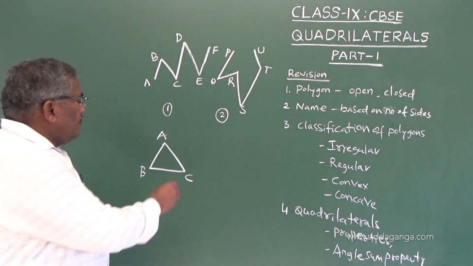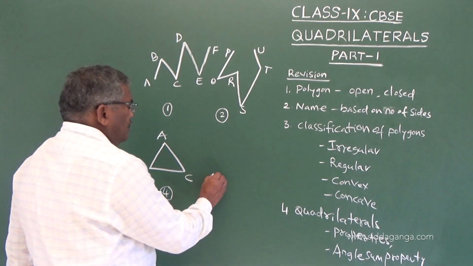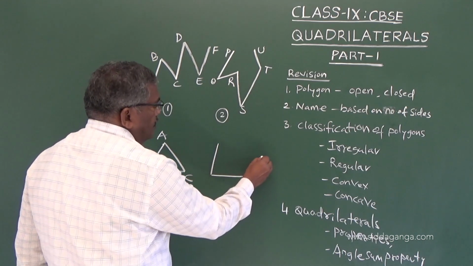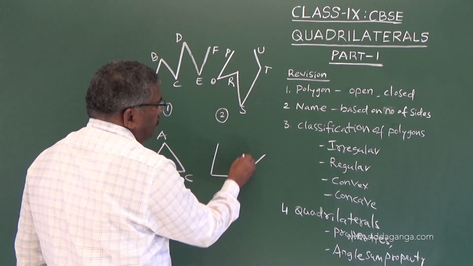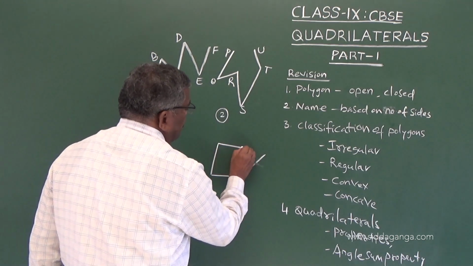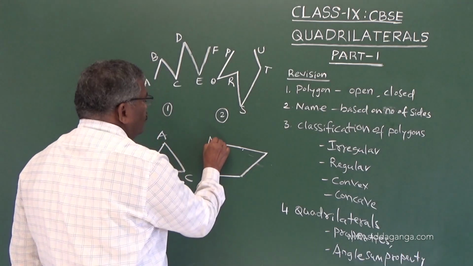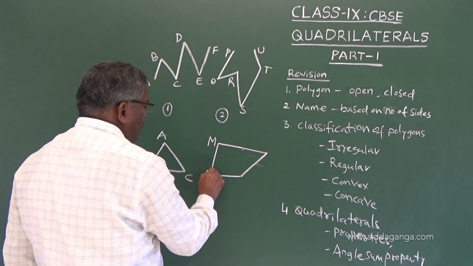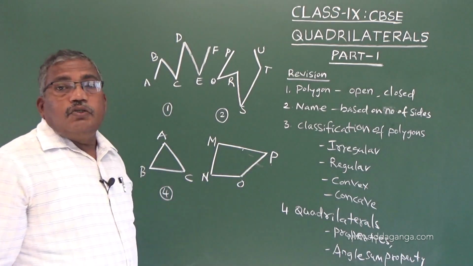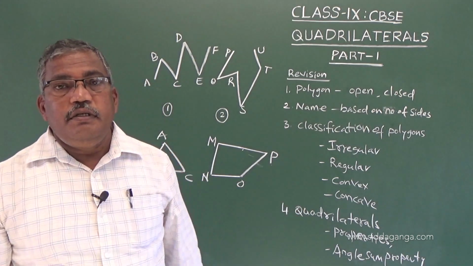A polygon may have any number of sides. It may have 3, it may have 4 sides. See, it may have 4 sides like this. Suppose this is M, N, O, P. So it may have 5 sides, it may have 6 sides.